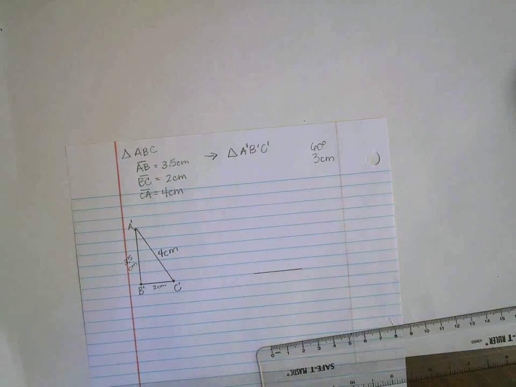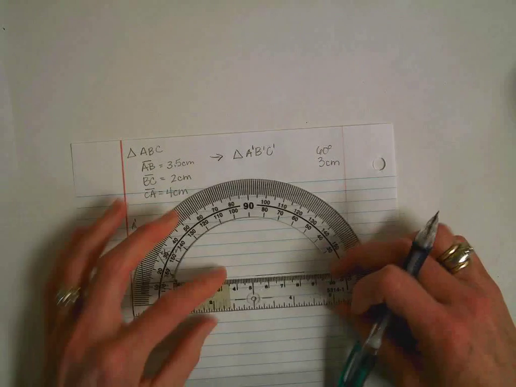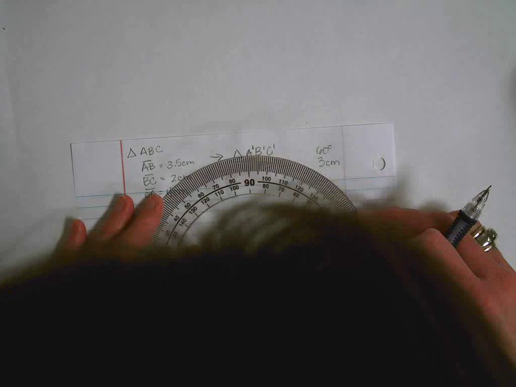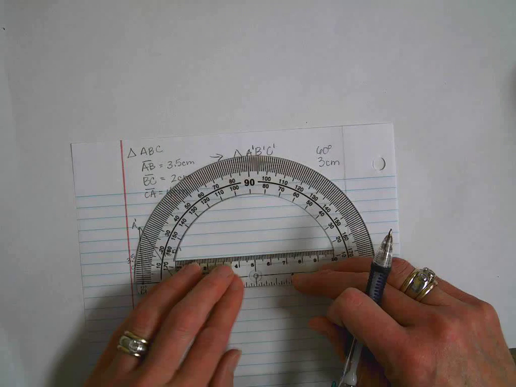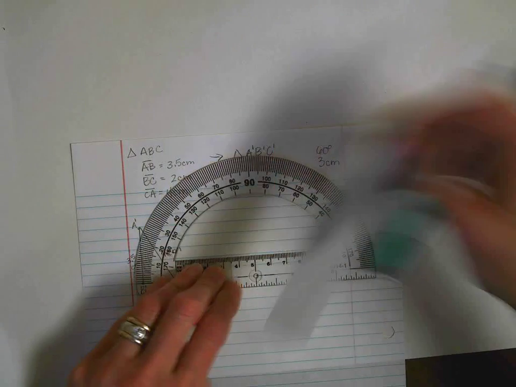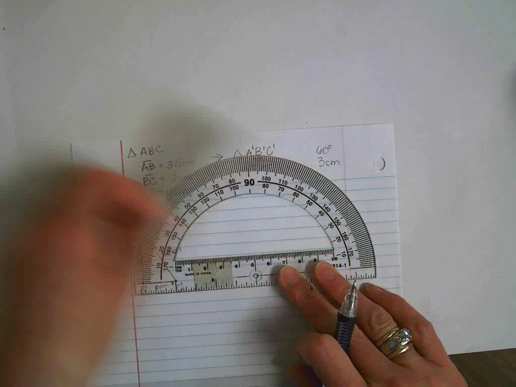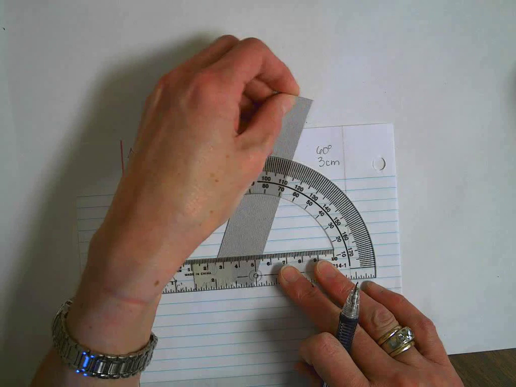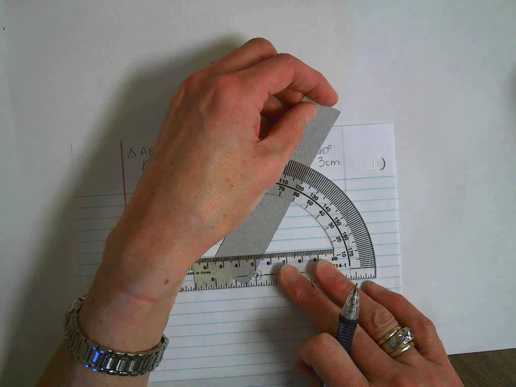And then we're supposed to have a 60-degree angle that attaches to that. So I'm using my protractor, and we have to find 60 degrees. I'll try it this way today because I learned from a student it was a lot easier to use as your guide.